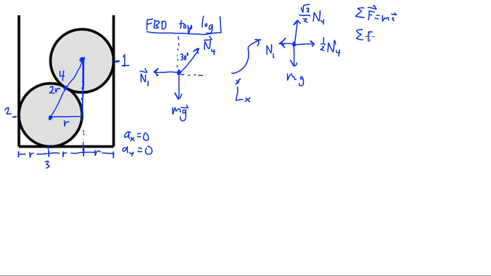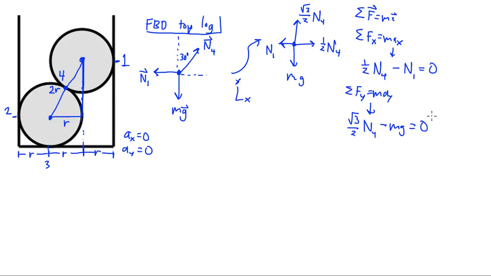Sum of forces in the x direction is max, and since that's 0, we have 1/2 N4 minus N1 equals 0. Sum of forces in the y direction equals may, which means root 3 over 2 N4 minus mg equals 0.